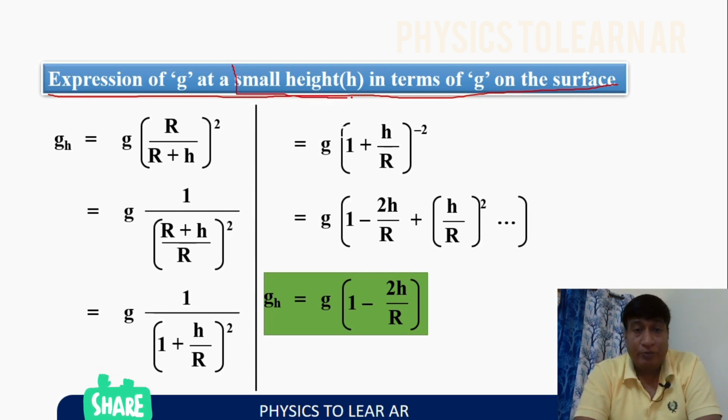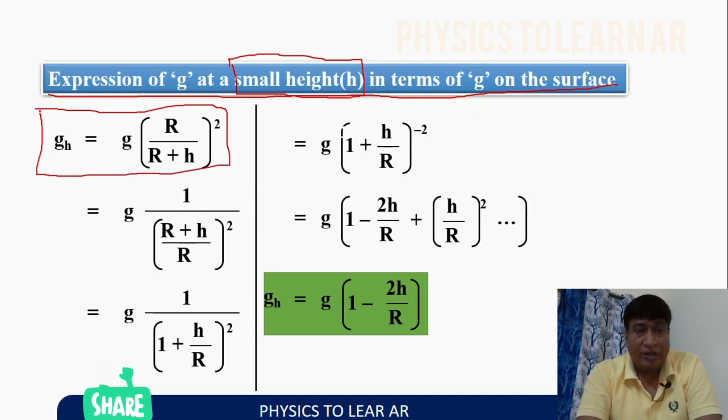Otherwise, we can use the expression g_h is equal to g into R by (R plus h) whole square. If the height is very large, under that condition we can use this. If it is very small, we can use g_h is equal to g into (1 minus 2h by R).